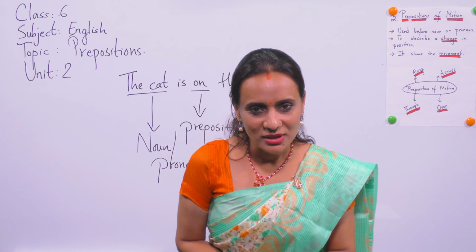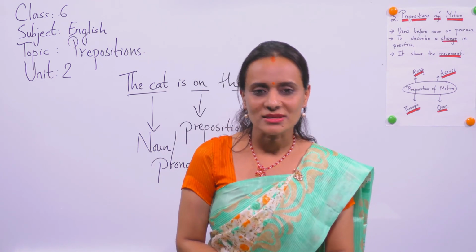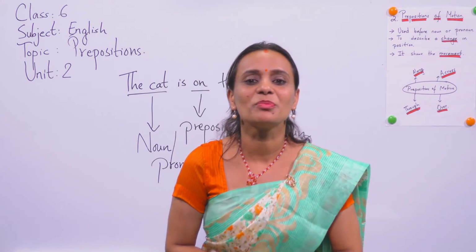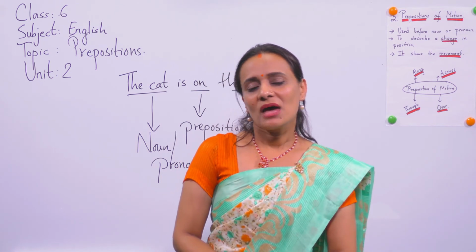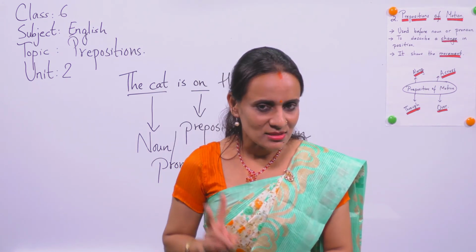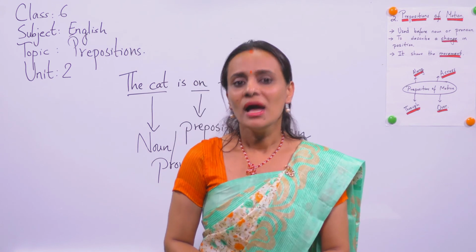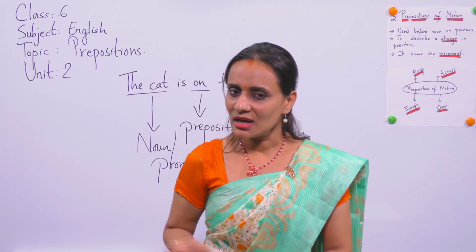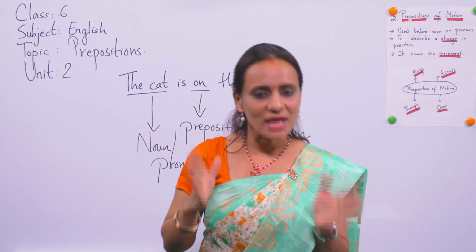Okay, my dear students, today we did a lot of exercises and examples of the prepositions, and I have given you homework of two exercises of the book. I have already told you, and in another class we will be discussing those exercises.